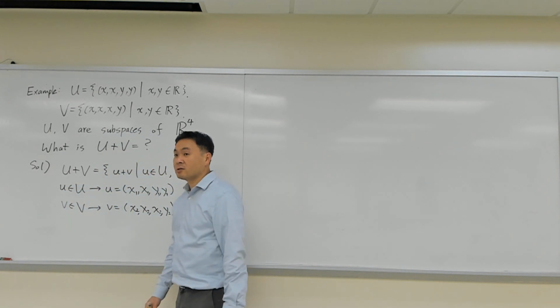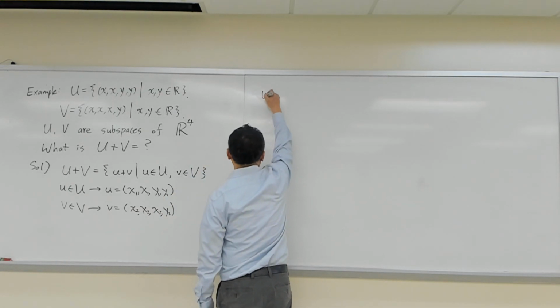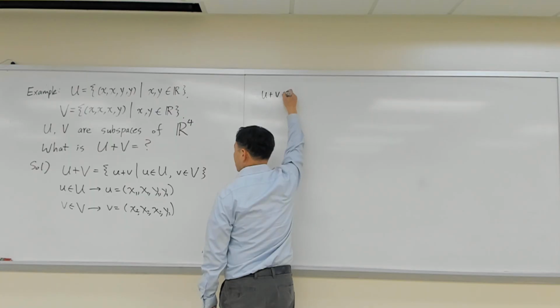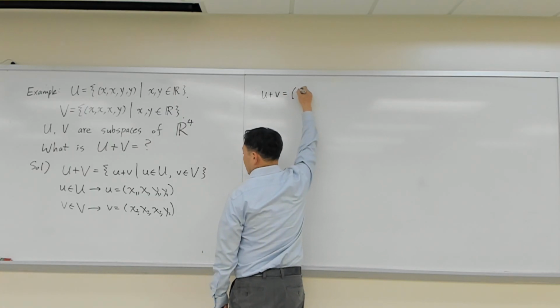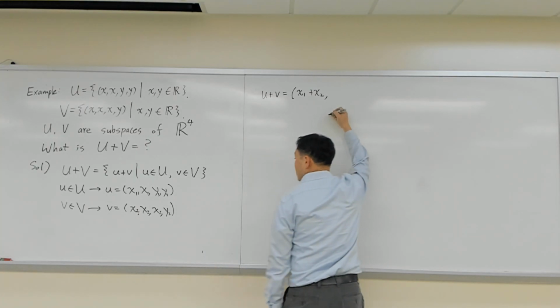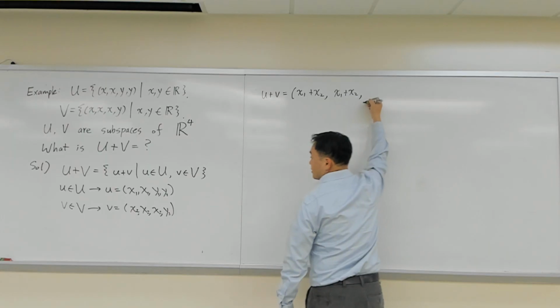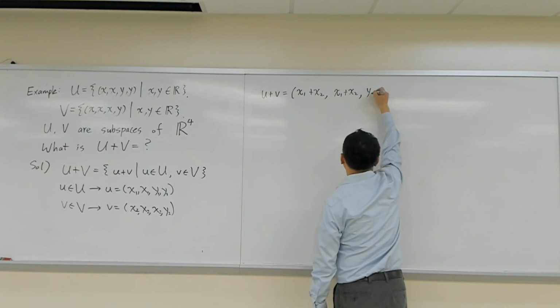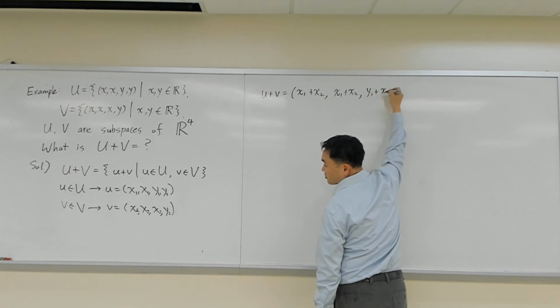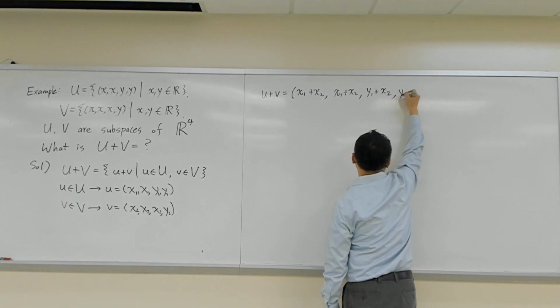Now let's try to add them together and see what we can conclude from here. U plus V gives you (x1 plus x2, x1 plus x2, y1 plus x2, and then y1 plus y2).